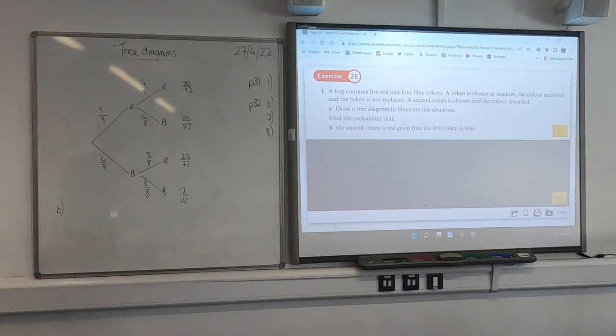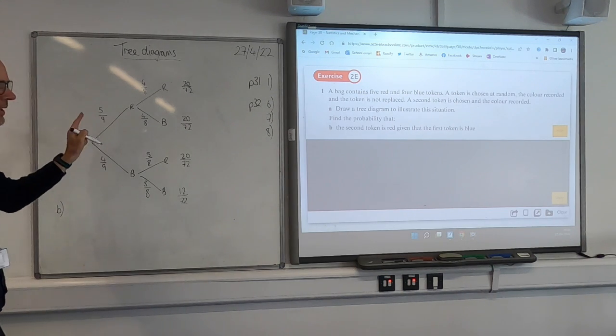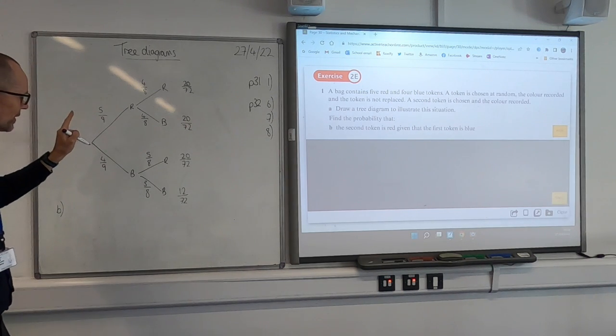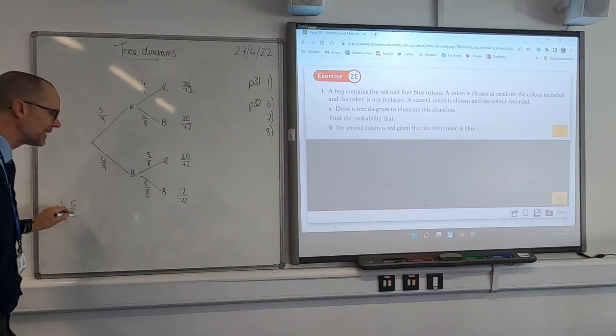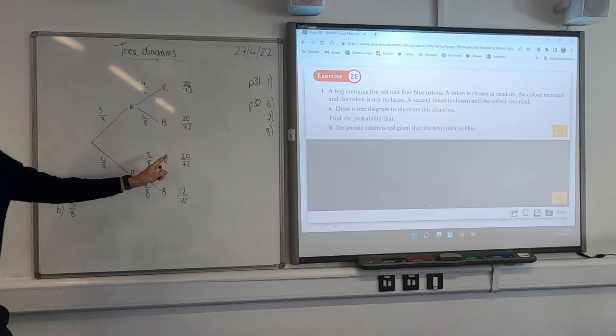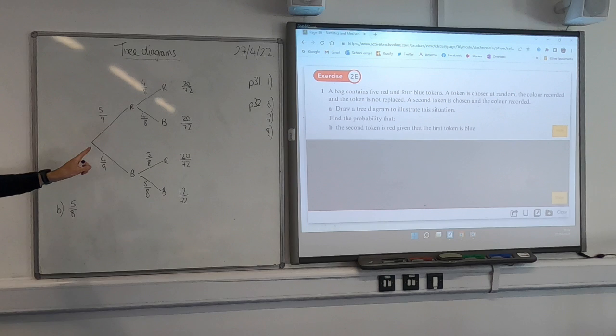So the second token is red, given that the first token is blue. That's given to us. The second token is red, given that the first is blue, is 5/8. It's not 20 over 72. All right? It's just we've given this, what's the probability the second one's red? So that's a straightforward question. Don't automatically assume these have to be super complicated.